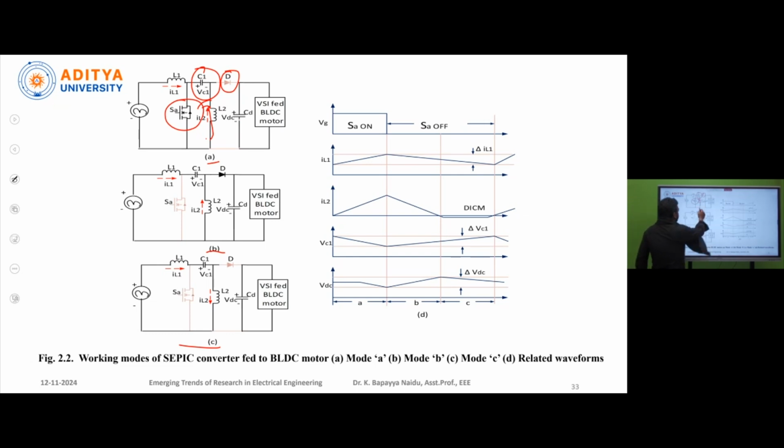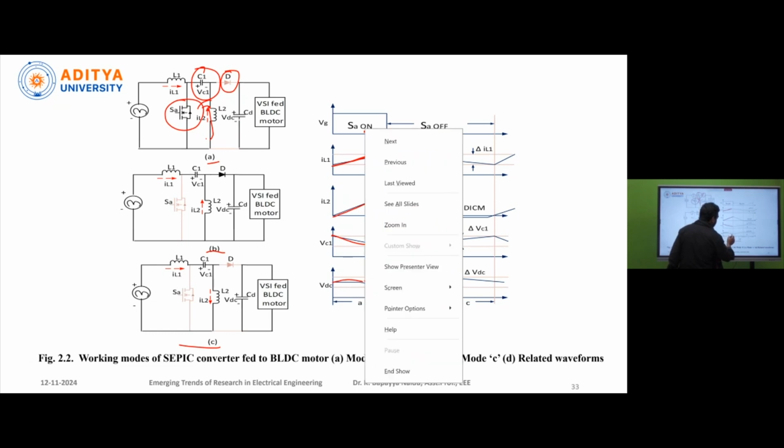Okay. From this, if you are observing this waveforms, here whenever SA is on, IL1 has increasing and IL2 has some value up to SA is off and VC1 has changed and VDC also has changed.